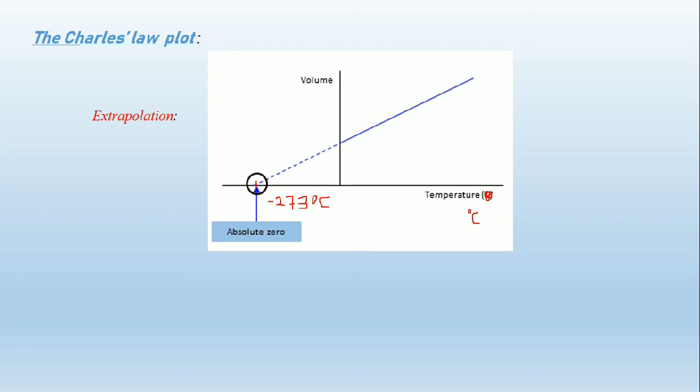So this point is minus 273 degrees Celsius. At the origin, it is 0 degrees Celsius. This particular temperature, the absolute zero temperature, has the value minus 273 degrees Celsius.